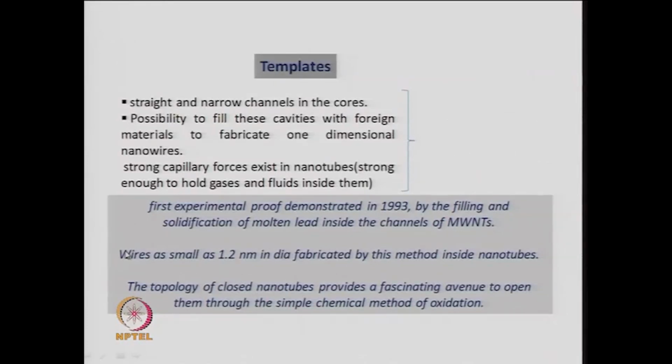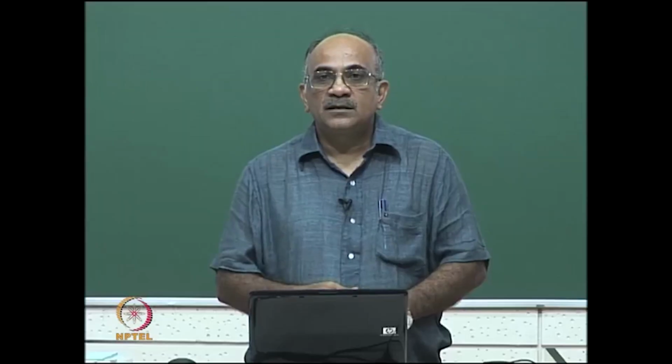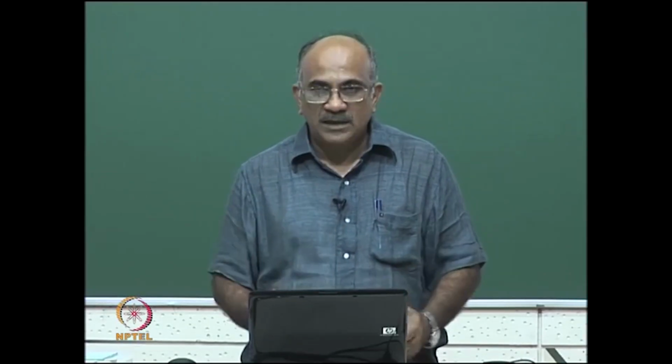Other than that, nanotubes, as you know, if closed, have a hollow space inside the nanotube. So, can it act as a template? That means, you have this hollow thing, and if I fill something, it will take the shape of the carbon nanotube.